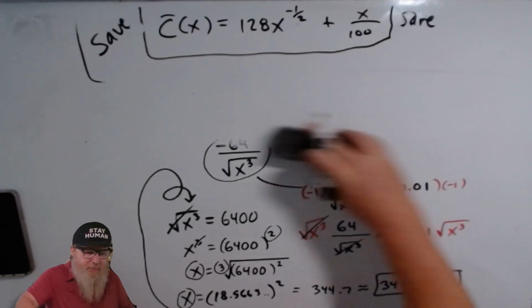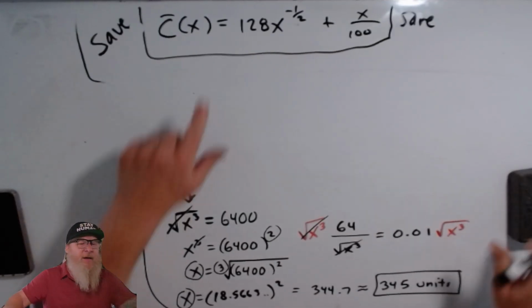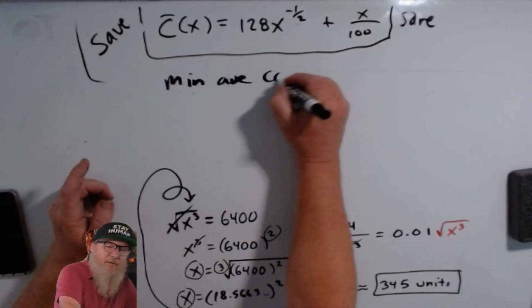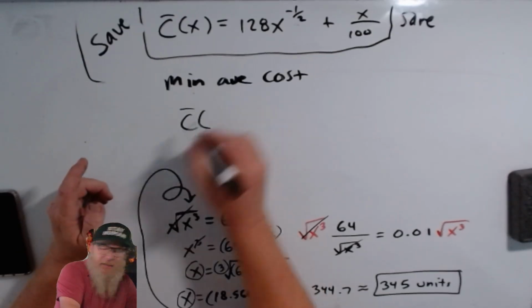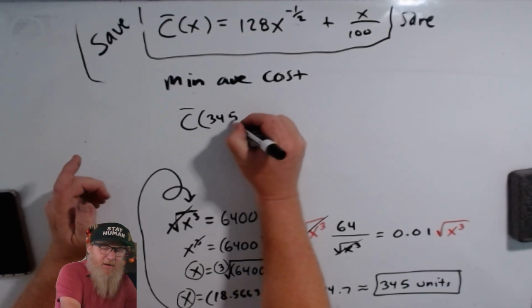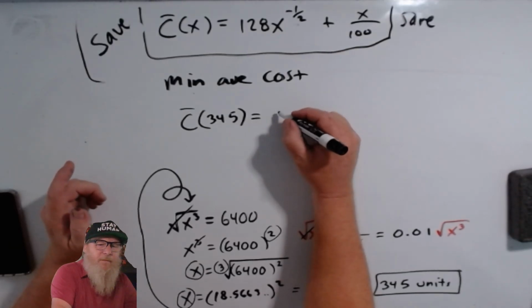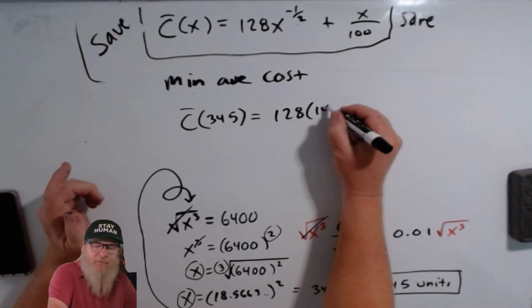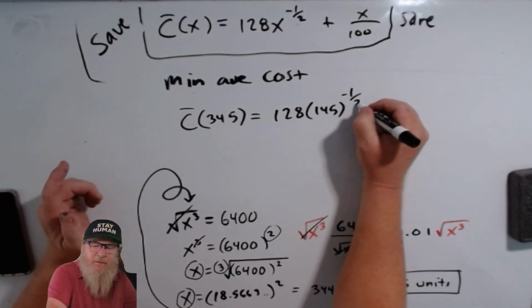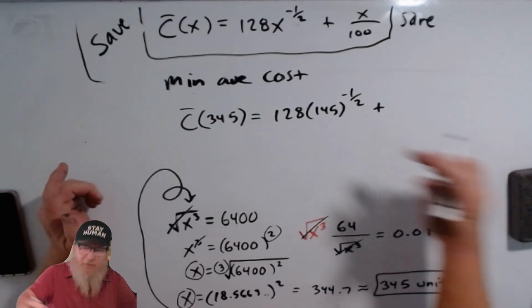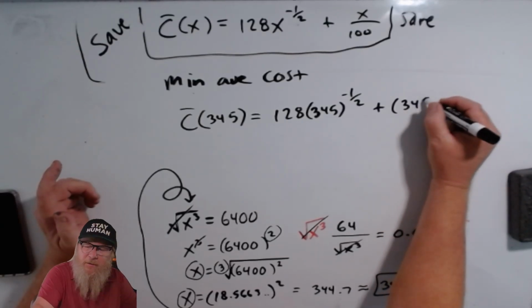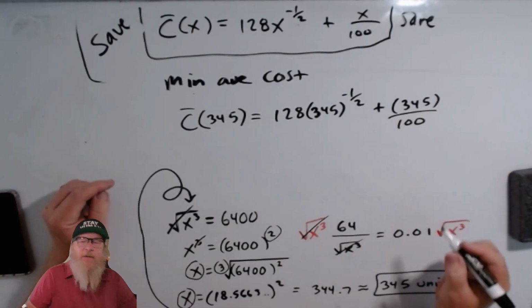And I saved my average cost function up here. So now I can find the minimum average cost by plugging in 345. 128 times 345 to the negative 1/2 plus 345 over 100.